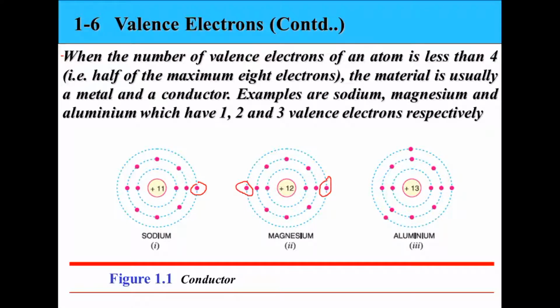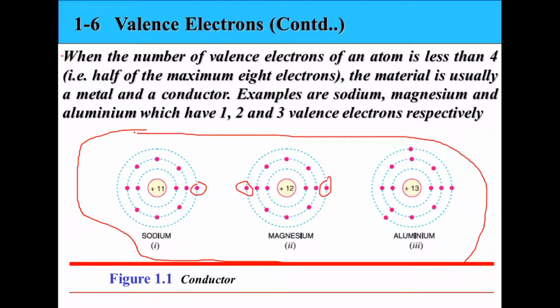Same thing is applicable to aluminum, which has 3 electrons in its outermost shell, or we can say 3 valence electrons. So these 3 elements that we use for this scenario are metals or conductors. With this simple rule, we can use valence electrons to determine the property of an atom.